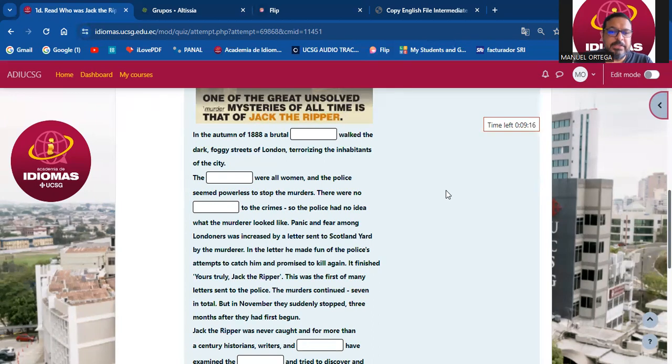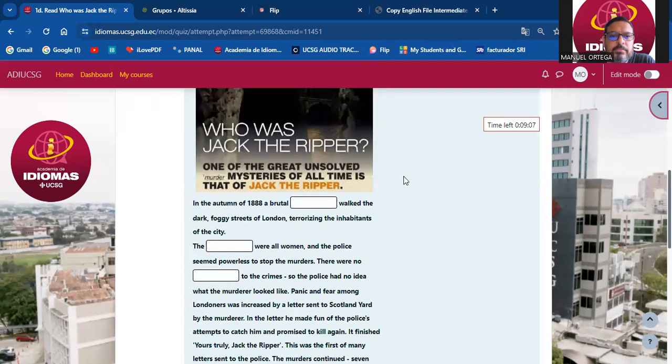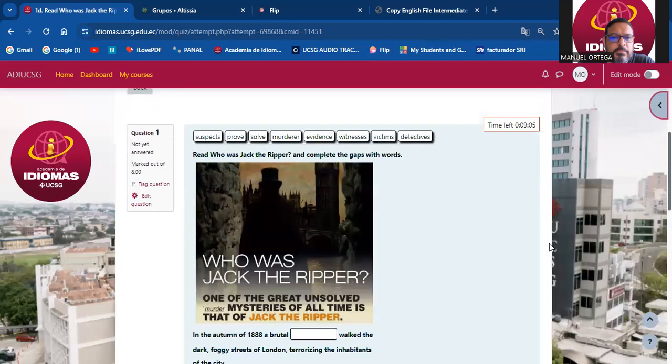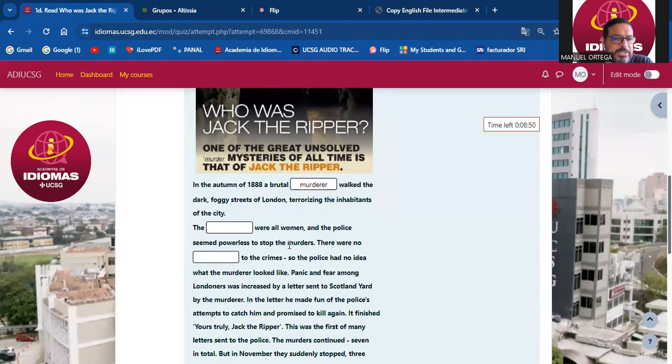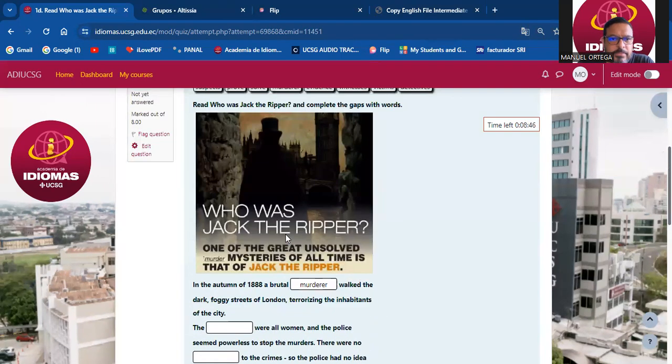In the autumn of 1888, a brutal, which one would you choose for that space? Murderer. Exactly, very good. A brutal murderer walked the dark, foggy streets of London, terrorizing the inhabitants of the city. The were all women. Victims.